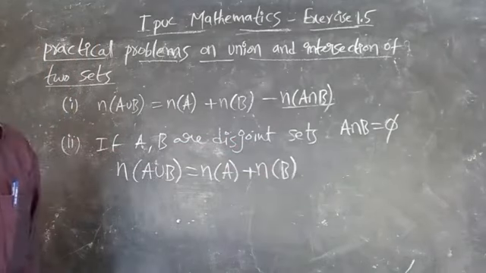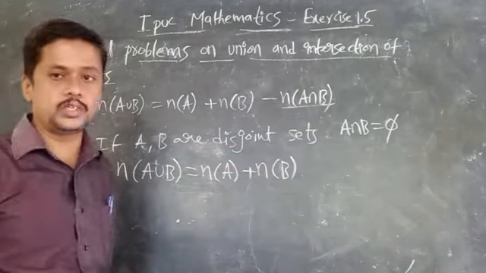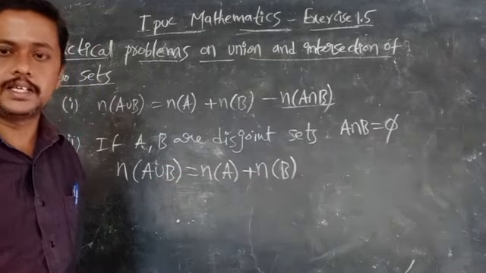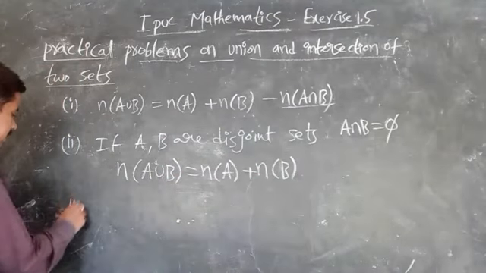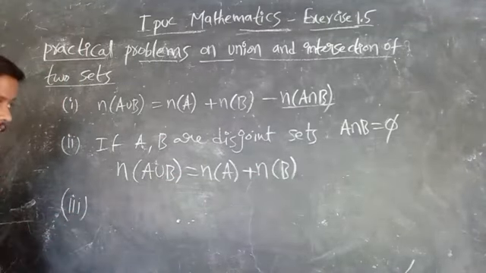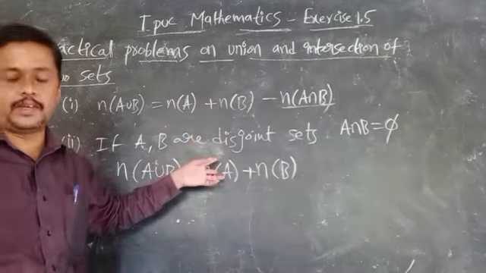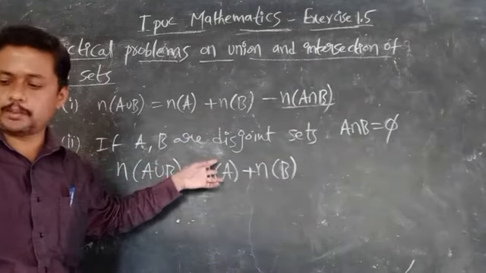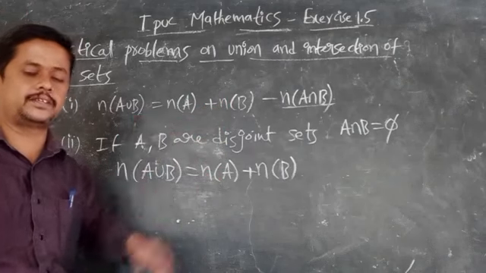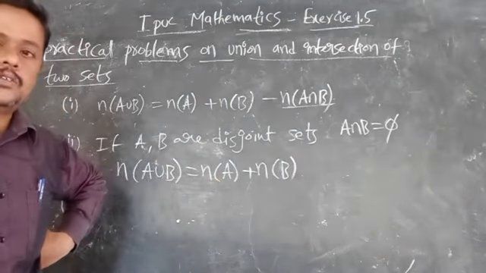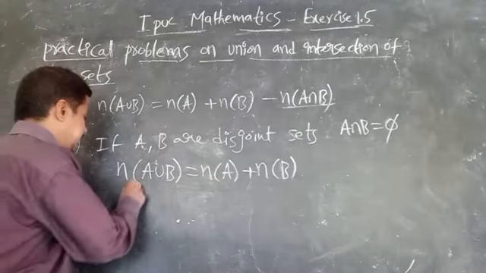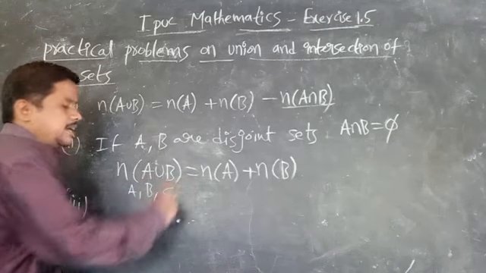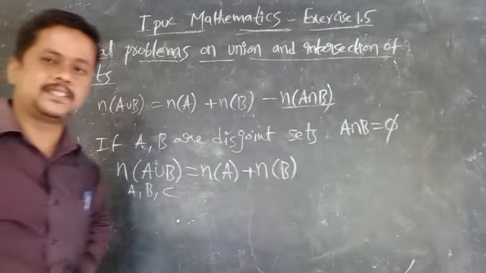Only then you have to use this formula. Okay, next we will move to the third one. So these are two very important formulas. In so many problems we are using these also.